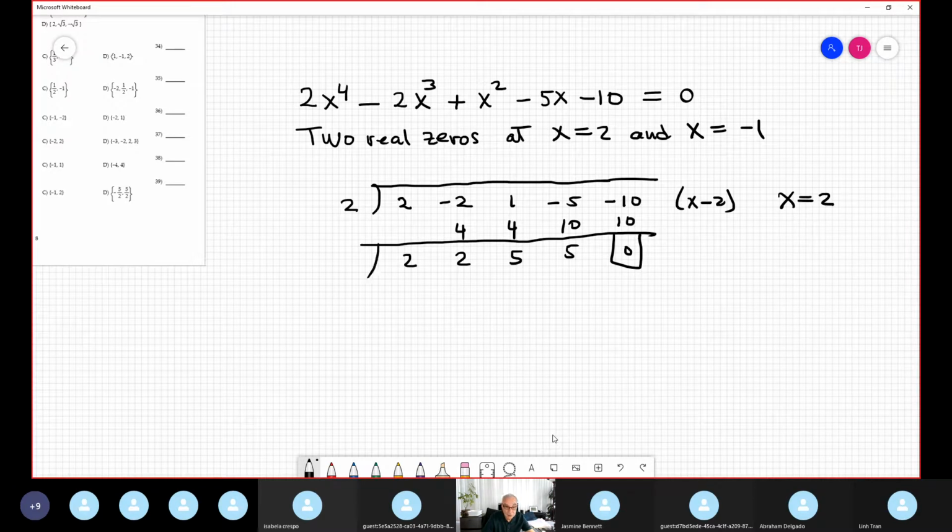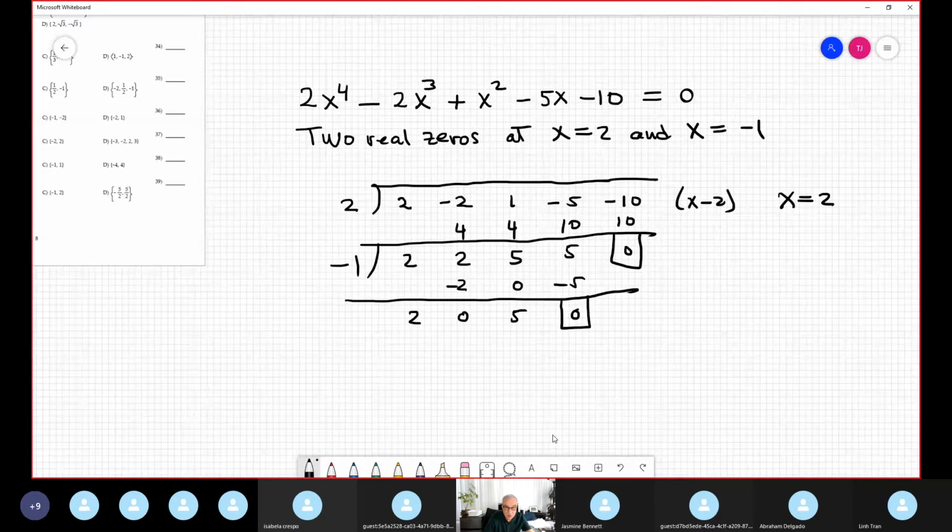And negative 1, I check in negative 1. 2 multiplication is negative 2, is 0. Times 0 is 5, is negative 5. Is also remainder 0. Therefore, the factor x plus 1 belongs and x is equal to minus 1.